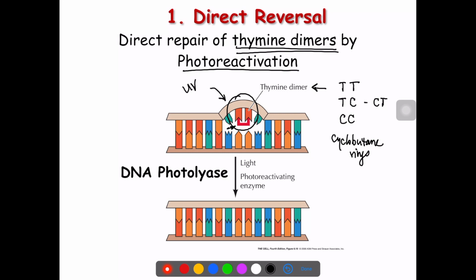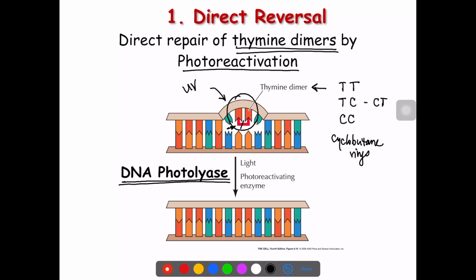The easiest and most direct way to do it is by the engagement of an enzyme known as DNA photolyase. This enzyme has the ability to simply break those cyclobutane rings directly.